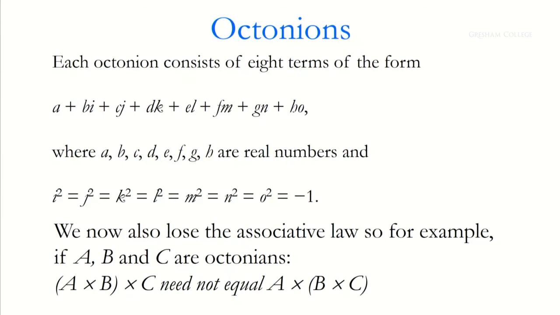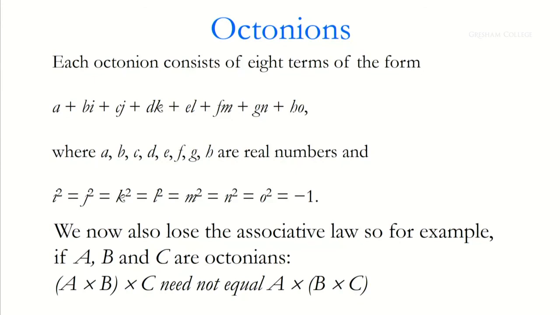The square of each of them is -1. And there are other kinds of diagrams that show how they combine with each other and what the result is. But now, they are not commutative. The order in which you multiply them can make a difference.